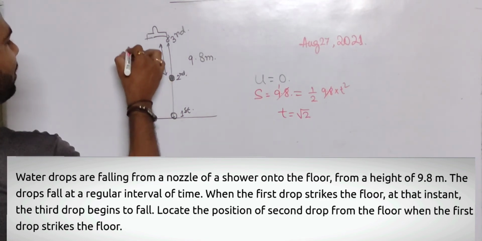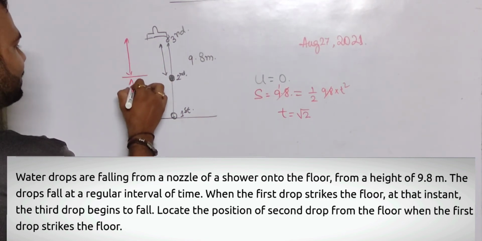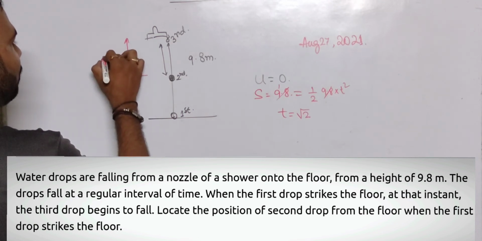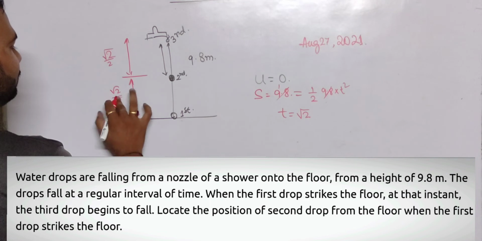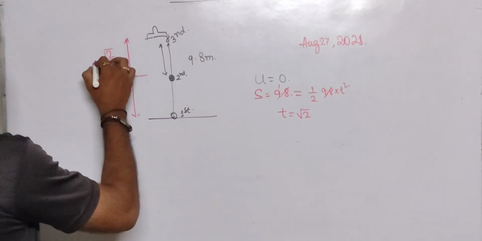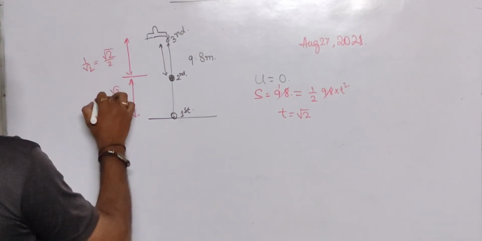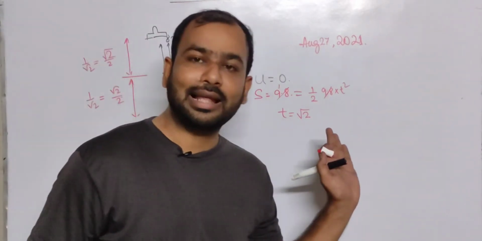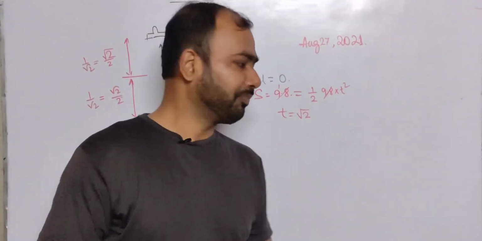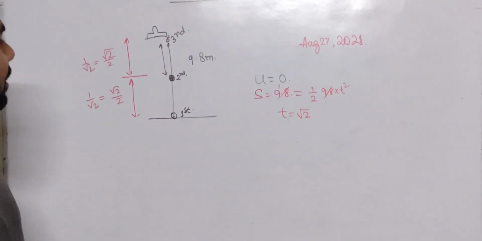If we distribute into two intervals, root 2 by 2, that means 1 by root 2. That means we divide this time interval into two different parts, divided by 2.